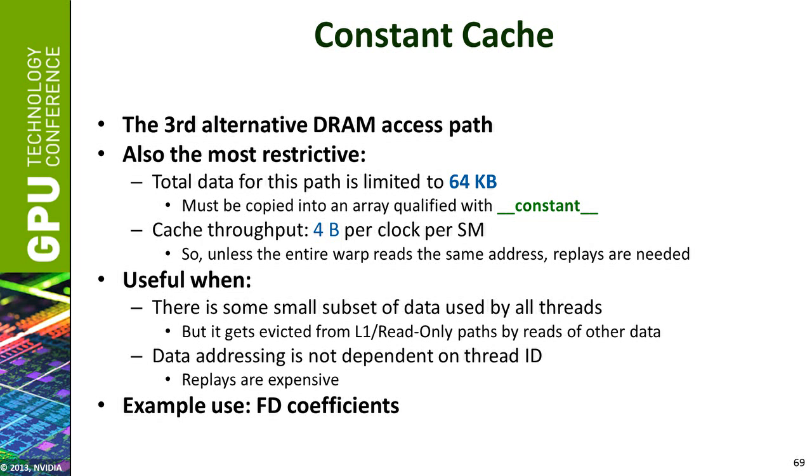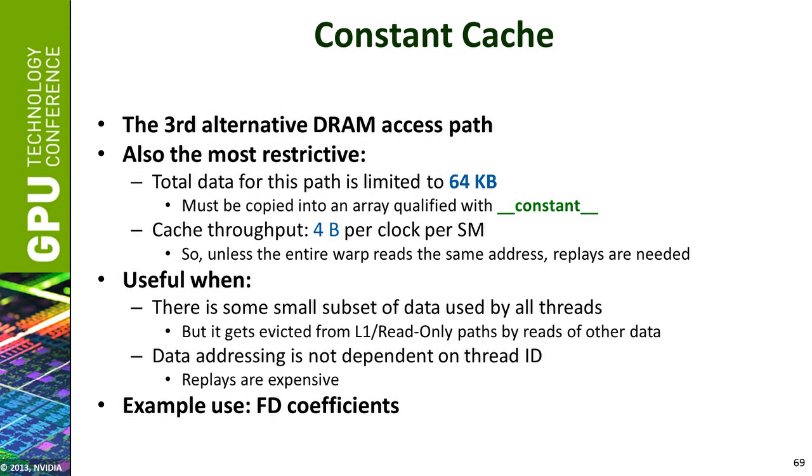Then actually it's beneficial. And the reason you might want to use it, following up on your question earlier, is if you have some small set of data, let's say 64 kilobytes or smaller, that all the threads will be reusing frequently, like finite difference stencil coefficients or things like that. And you want to put them through some path that other memory accesses don't pollute, this is a way to do it.